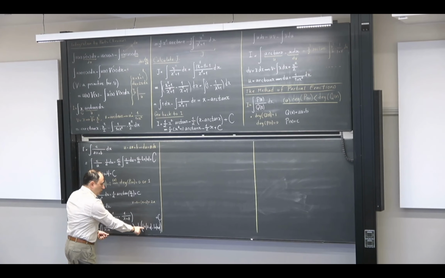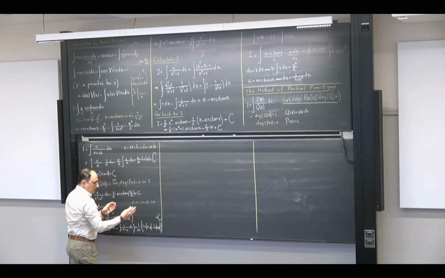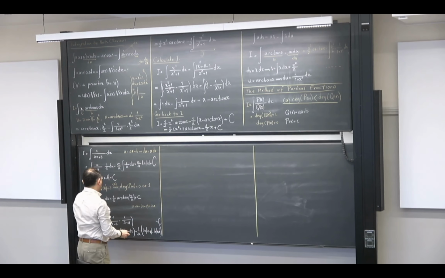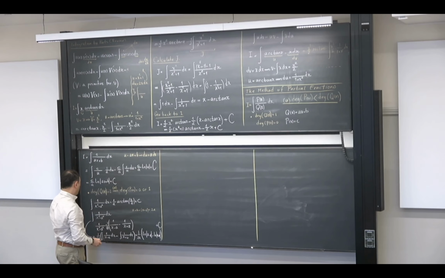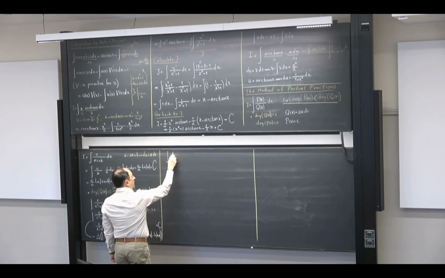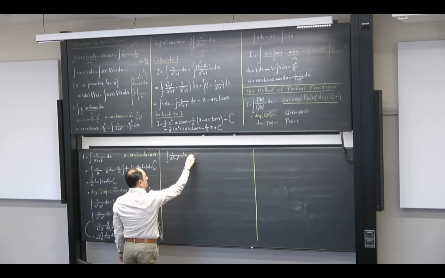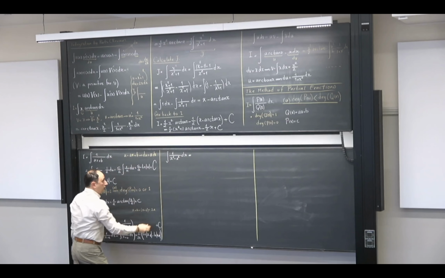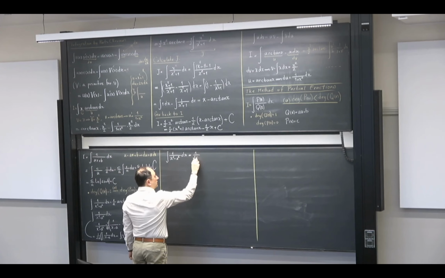But you know a formula for ln. ln of a number minus ln of another number, I can write as ln of a fraction. So this is why this formula you need to know. So let me write it here for you. The integral of 1 over x squared minus a squared dx is nothing except 1 over 2a ln of the absolute value of the division.